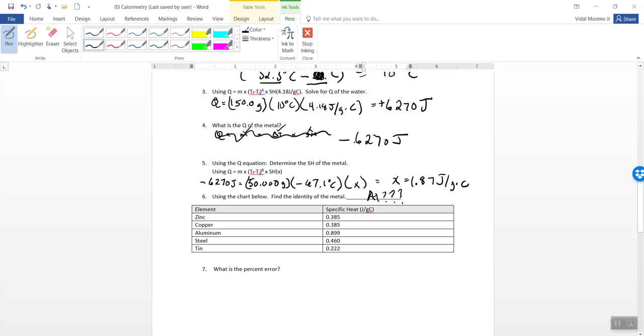Percentage error: true, what is the truth, minus observed, which is what I got, which is really, really bad, divided by what? Who remembers? So this is the absolute value of that, times 100. Oh, this is going to be brutal.